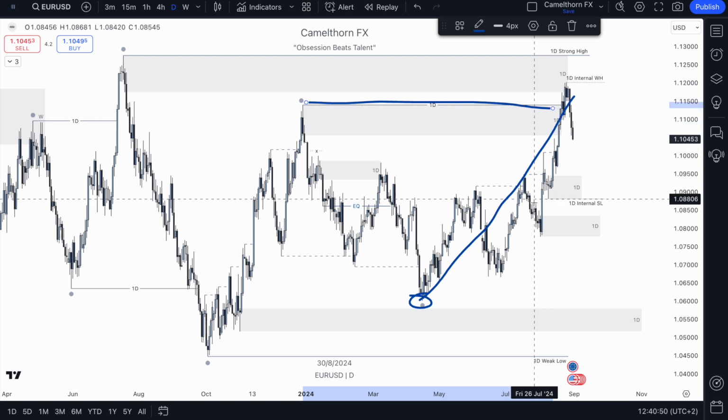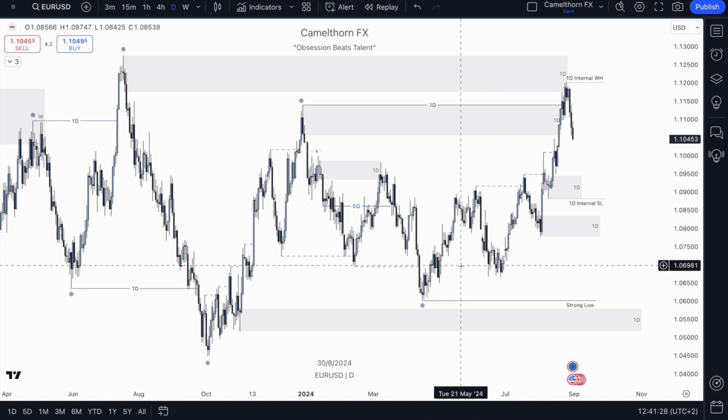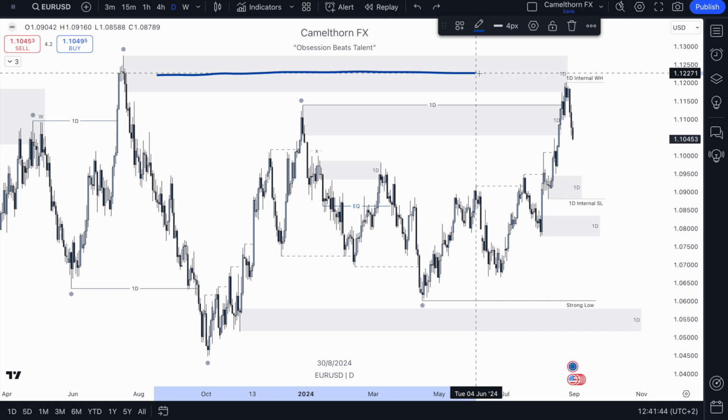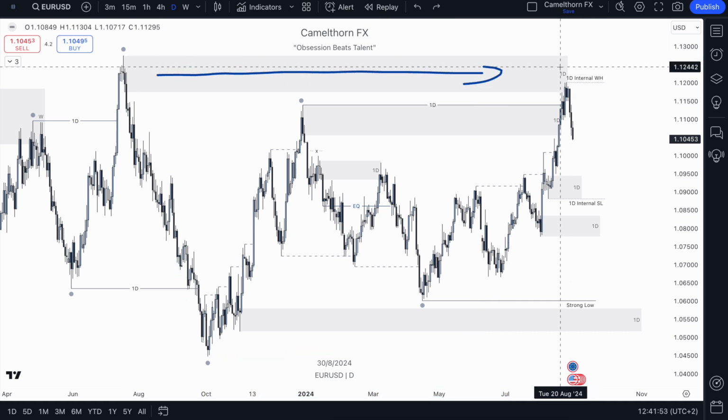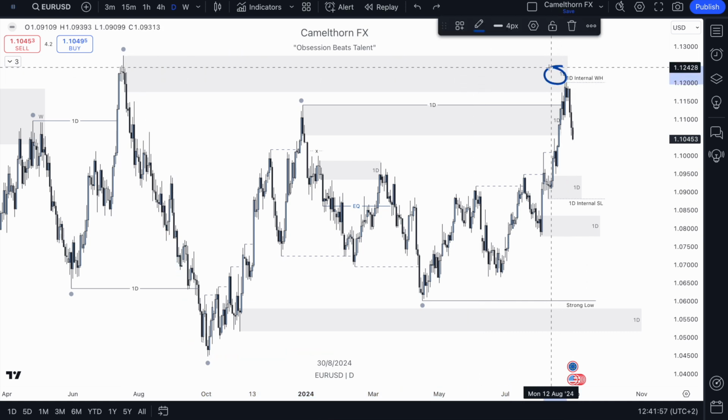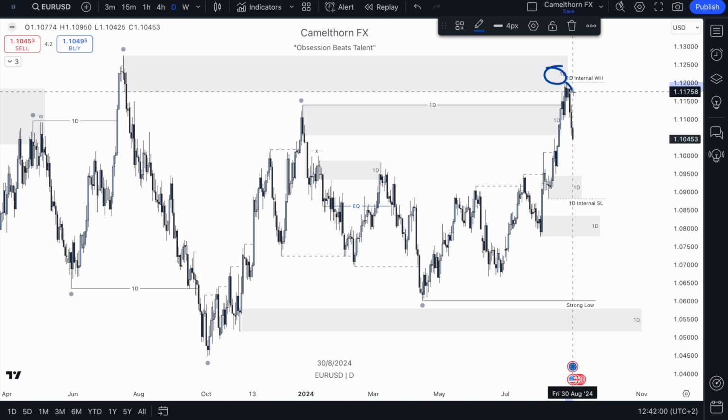Now you'll notice that with this alternative approach to marking your daily structure, this daily supply zone is now considered a previously unmitigated POI, which we anticipate to only generate a short-term bearish reaction.